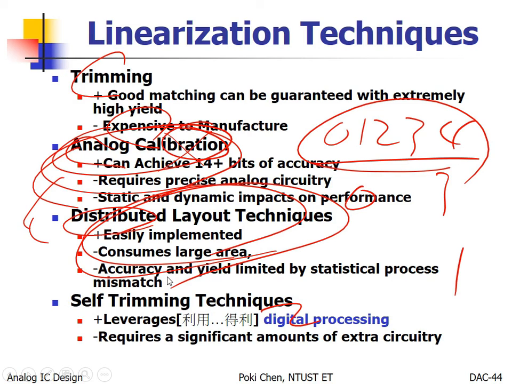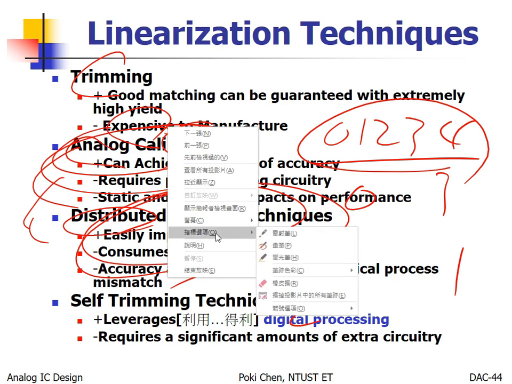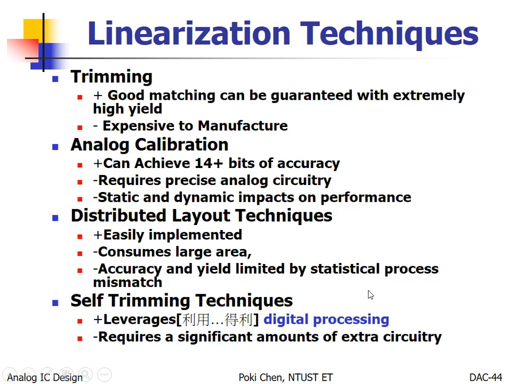So finally, we hope for some kind of compromise: self-trimming. Trimming is too expensive for the chip. However, if you can do it on the chip, then who cares? After power on, the chip will calibrate itself. You don't need any help from the outside world, then why not?